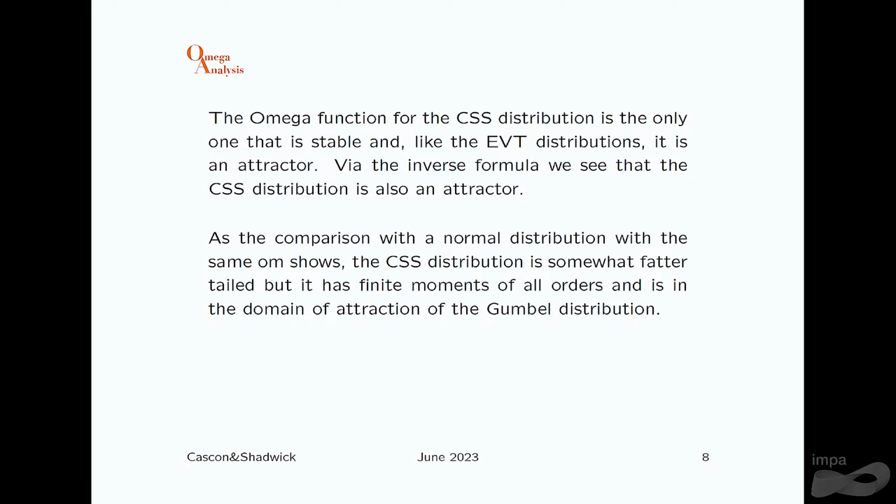Now, an example I'll show next time, due to Richard von Mises, is a real analytic distribution that has wiggles as it goes off to infinity that prevent that distribution from being in the domain of attraction of any EVT attractor.